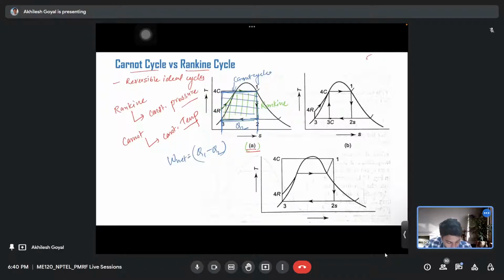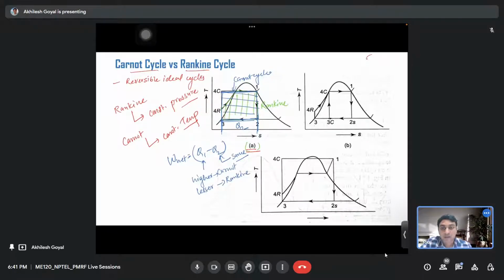So for the Rankine cycle and for the Carnot cycle, the Q2 is the same for both, and Q1 is higher for the Carnot cycle and lesser for the Rankine cycle.